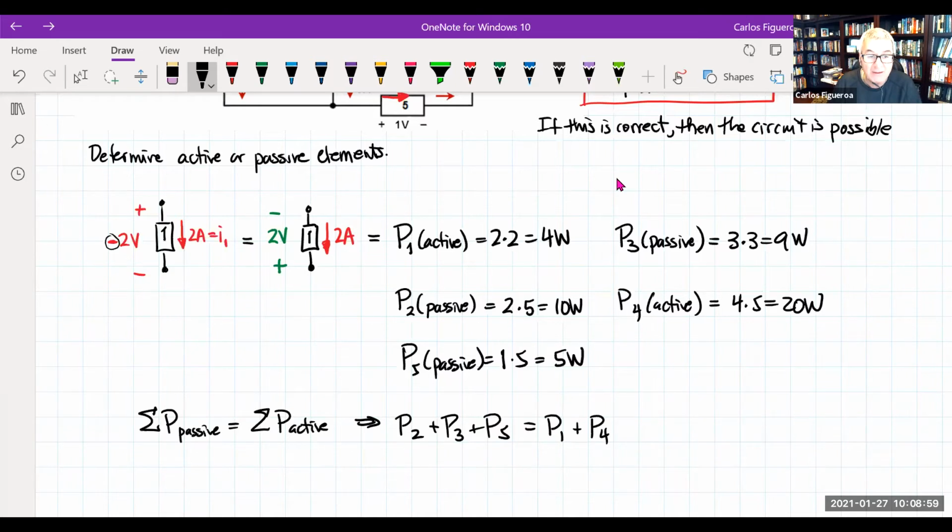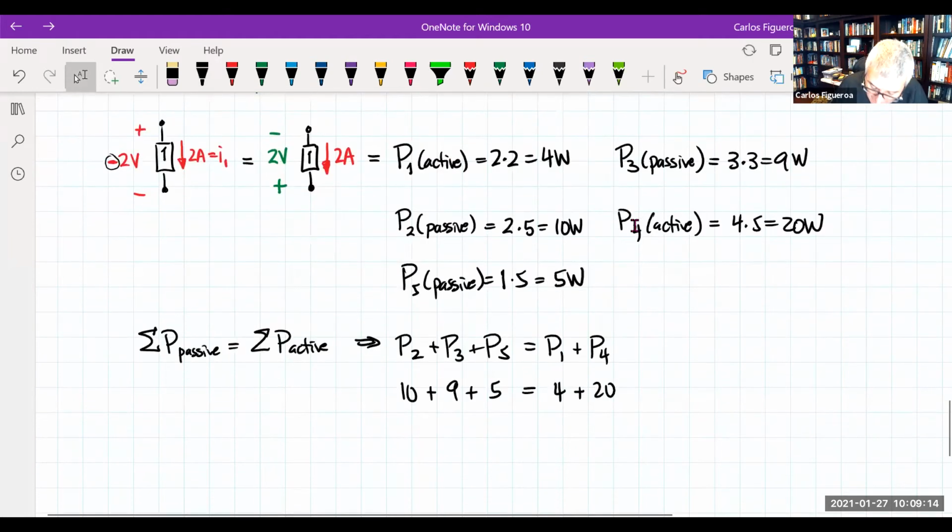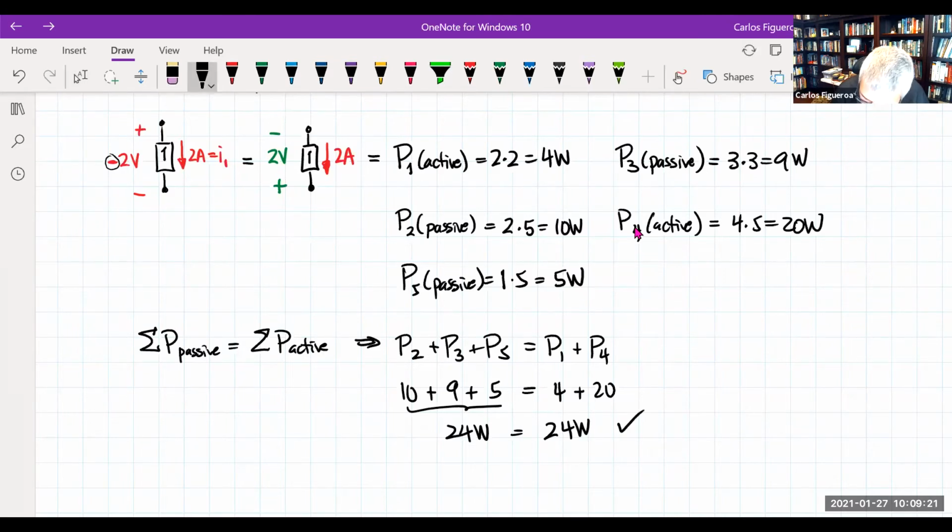If I start putting in my numbers, this side is going to be 10 plus 9 plus 5, and this side is going to be 4 plus 20. And you could see here that this equals 24 watts. So this tells us that according to conservation of power, this circuit has a possibility of going. That's what I mean by that.